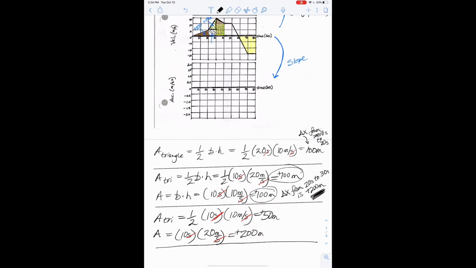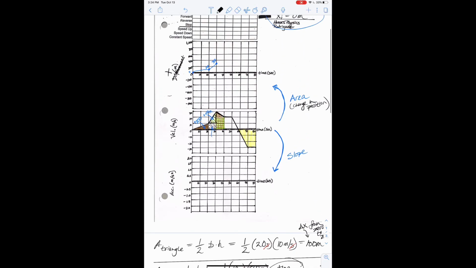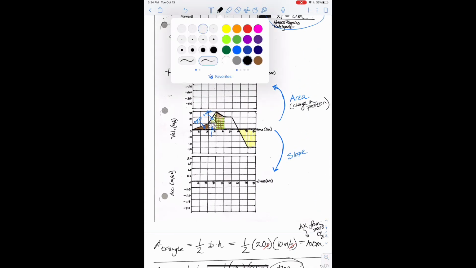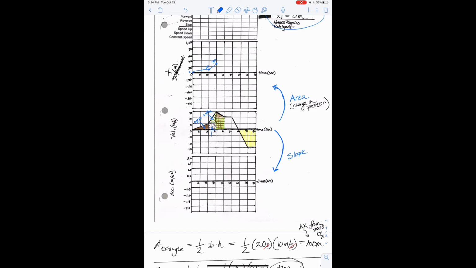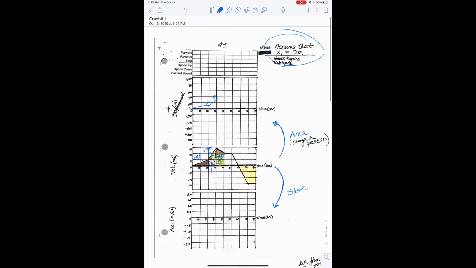Go ahead and draw another line there. So we're saying from 30 to 40 seconds. Let's go ahead and get the blue. So we're saying that this right here is 250, right? From 30 to 40. Okay, so we're going to come up here from 30 to 40, add 250, which is our change, right? Because this is a positive 250.